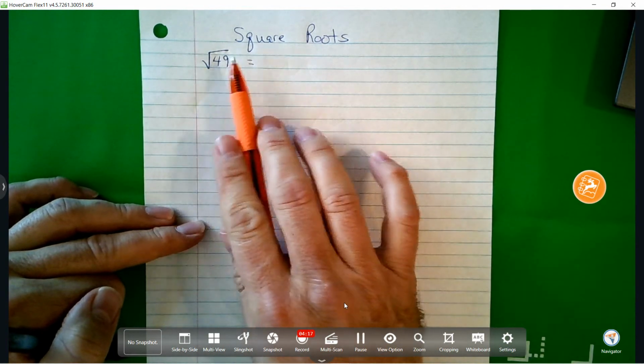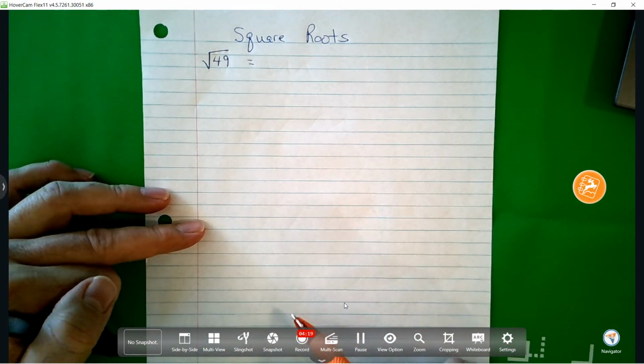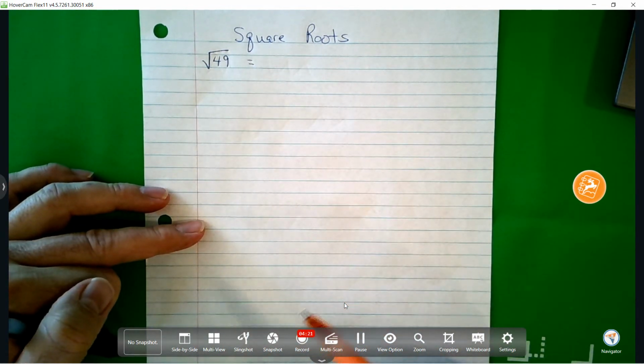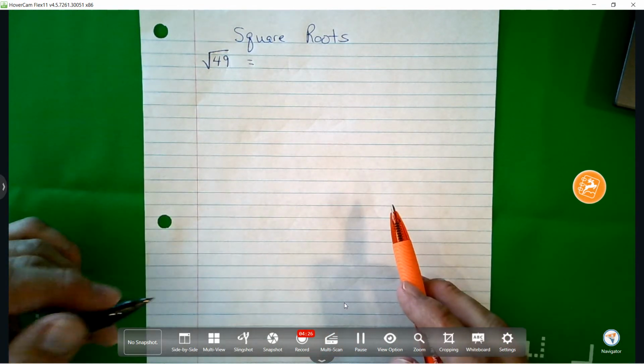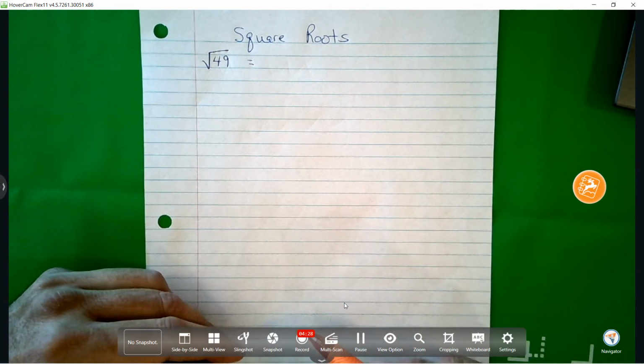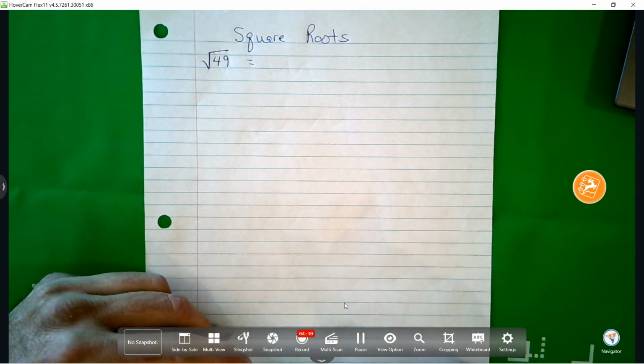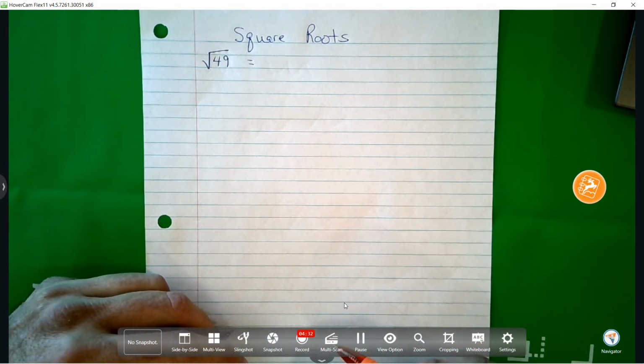The square root of 49, what that's asking you for is what number could you square, in other words, multiply by itself, in order to get 49? Well, 7. 7 times 7 is 49.